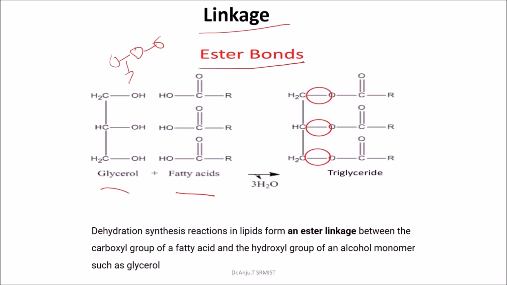Here a dehydration reaction takes place, forming an ester bond between the carboxyl group of the fatty acids and the hydroxyl group of an alcohol monomer, resulting in an ester linkage. So the bond linkage which you find between the monomeric units is the ester linkage.